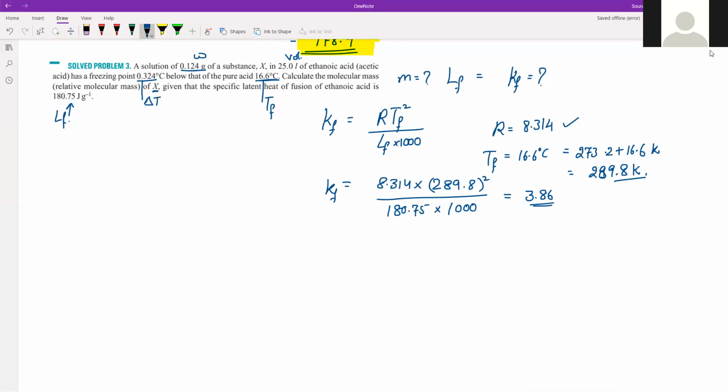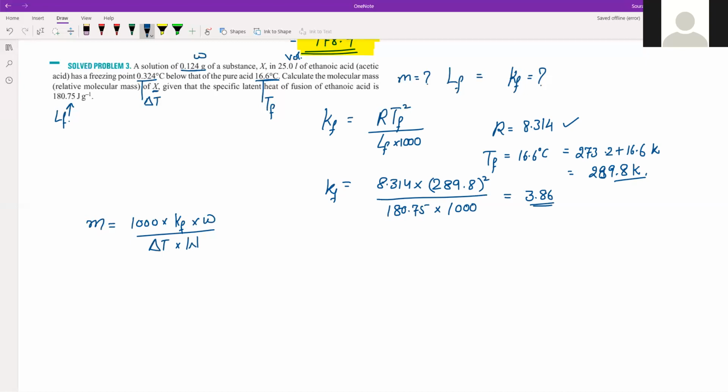Now we need this KF in order to find the molecular mass. And what is molecular weight or molecular mass? That was 1000 into KF into W divided by delta T, that is depression in freezing point, into the weight of solvent.